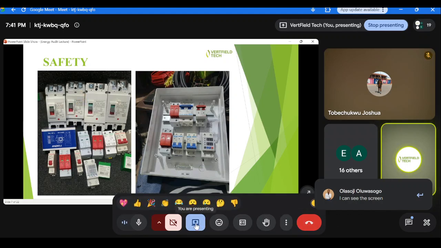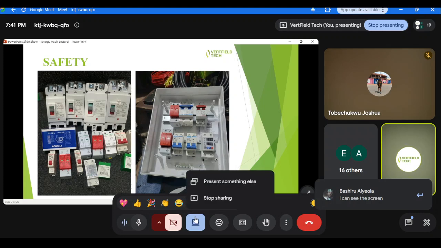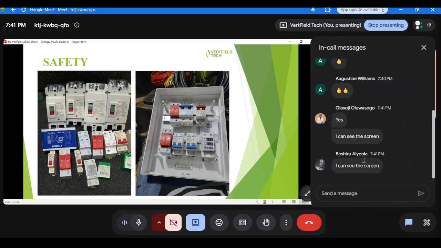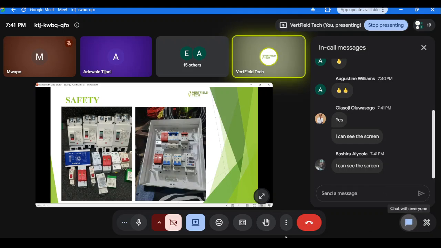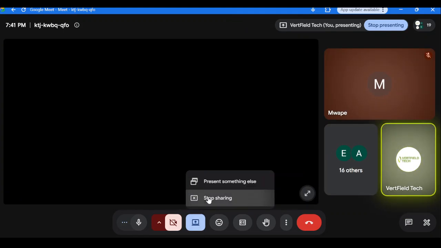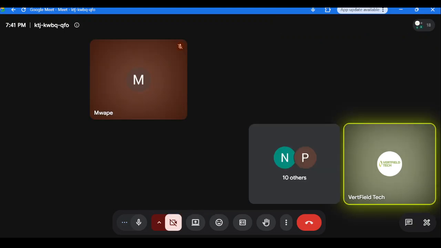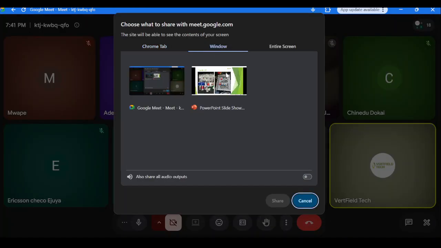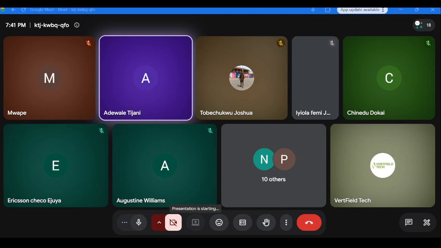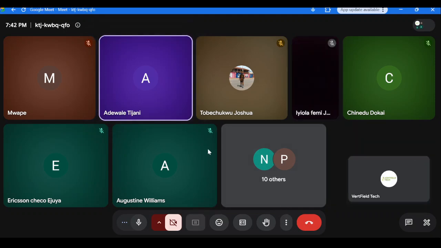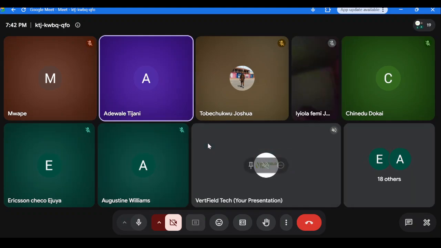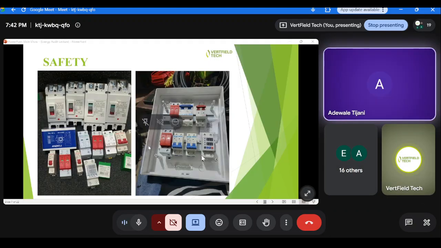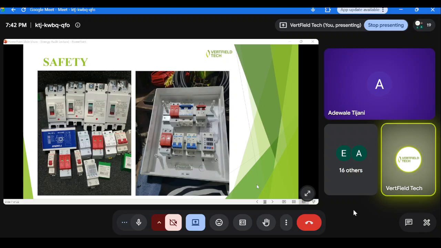Let me just reshare the screen right now and see. Because I need everyone to see the screen. Just give me a minute, please, then we can proceed. Hold on, please. That's good. I can see the screen now. Okay, please confirm you can see the screen right now, please.